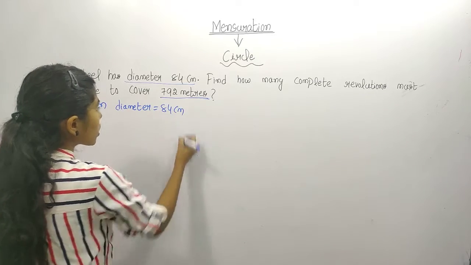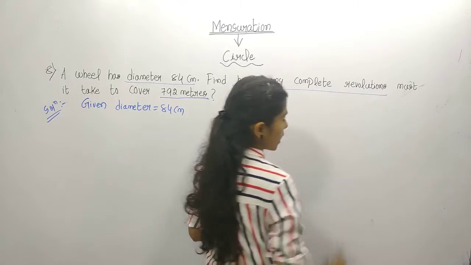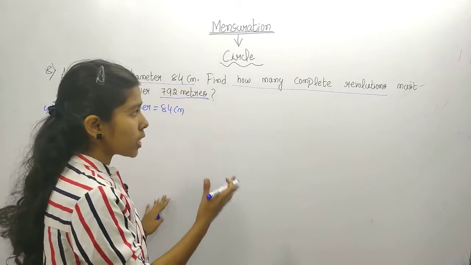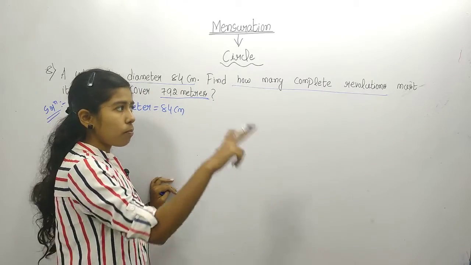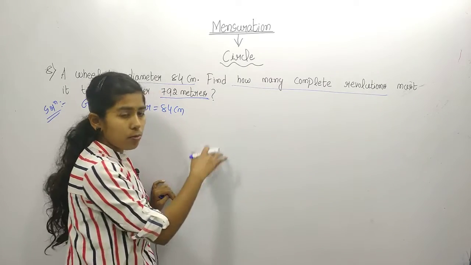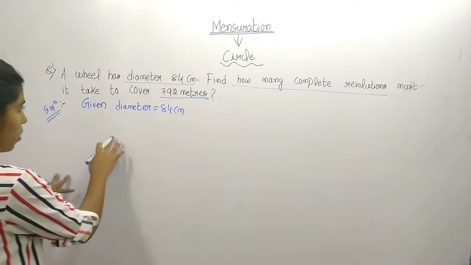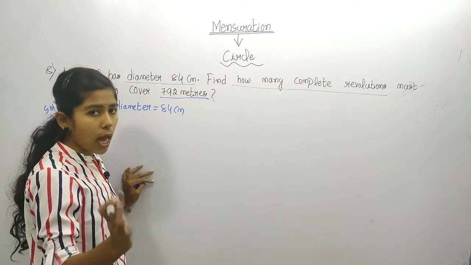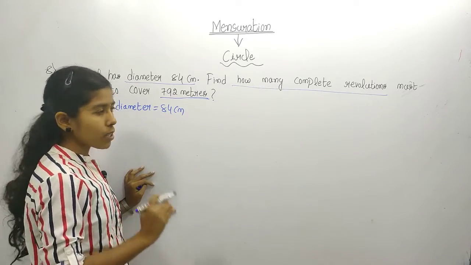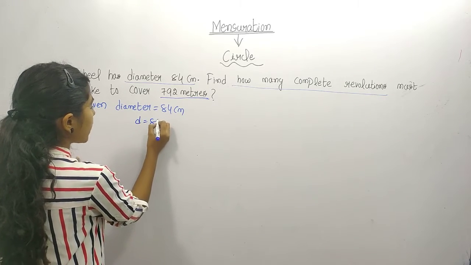In the previous question I told you what complete revolutions means. The question asks for complete revolutions, which means one full rotation, so a complete circle. So you have to find the circumference of this circle. For finding the circumference, its formula is 2 pi r. You need to find the radius first. Here the diameter is given, 84 centimeter.